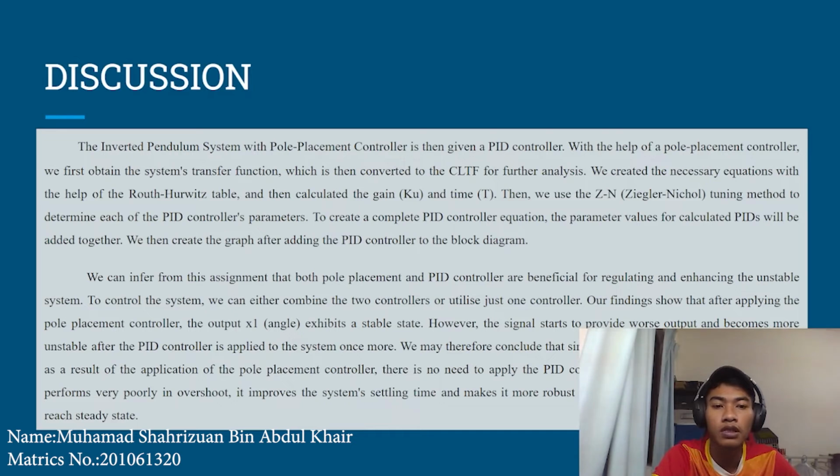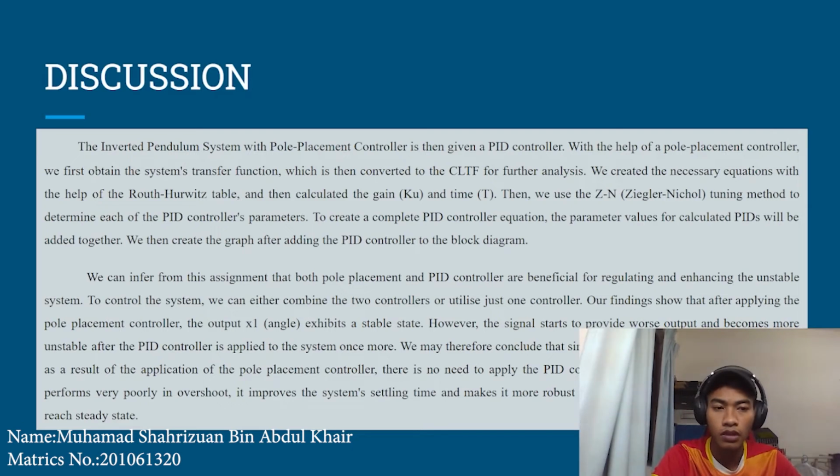However, the signal starts to provide worse output and becomes more unstable after the PID controller is applied to the system once more. We may therefore conclude that since the output angle has a good output as a result of the pole placement controller, there is no need to apply the PID controller to it.